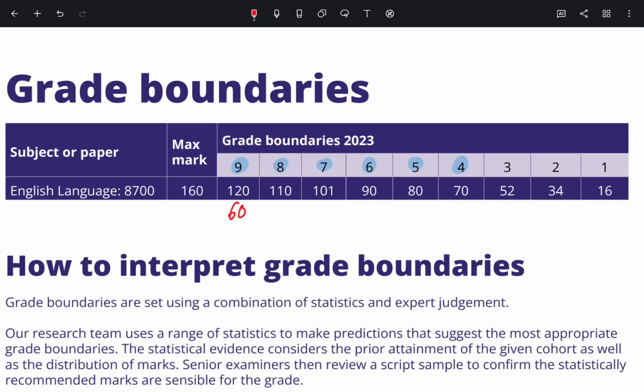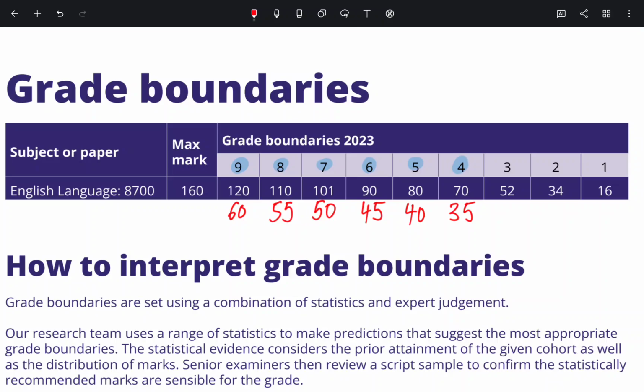For grade 8, you're looking at 55. For grade 7, around 50. Grade 6, 45. Grade 5, 40 marks. And a grade 4, 35. So that's each paper.